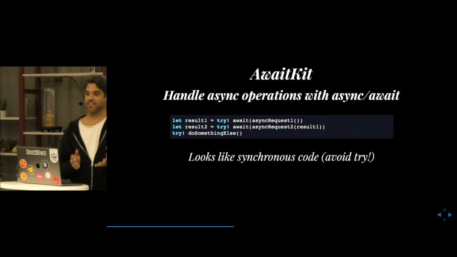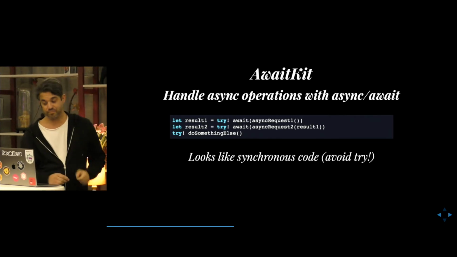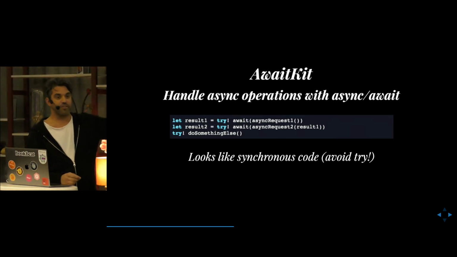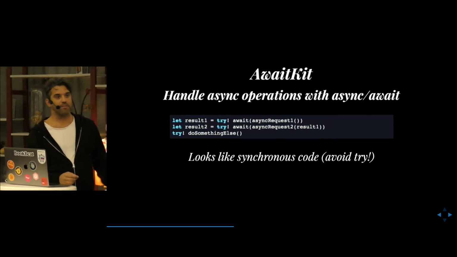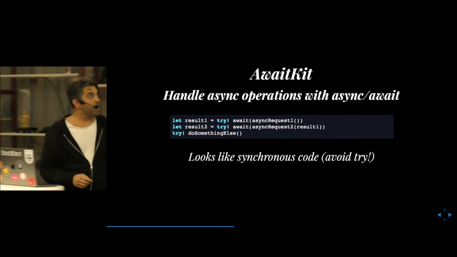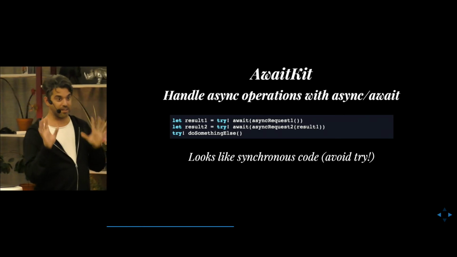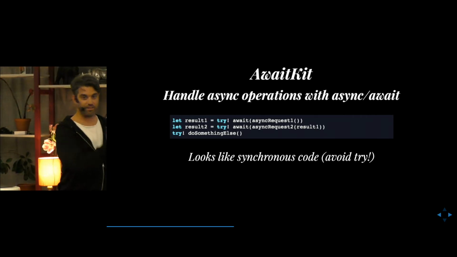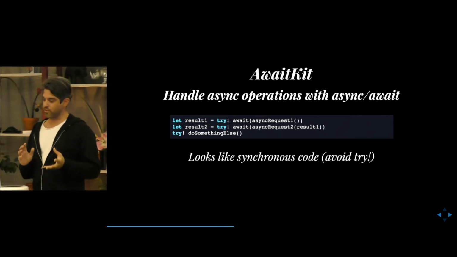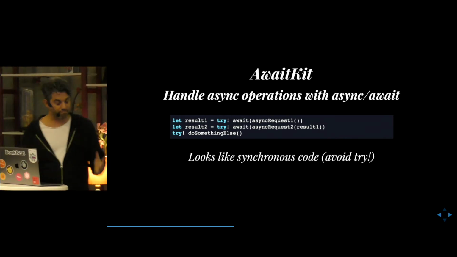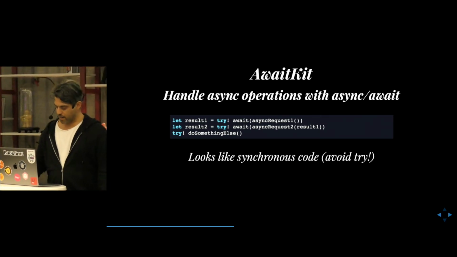It reads like synchronous code, and that's amazing. But this is the official docs, like use try bang. That's great. I love AwaitKit. I think it's great, what the guy who did it has done, but I don't think you should do it like this. I think you should perhaps do some do-catch stuff, and then life will be happy again.